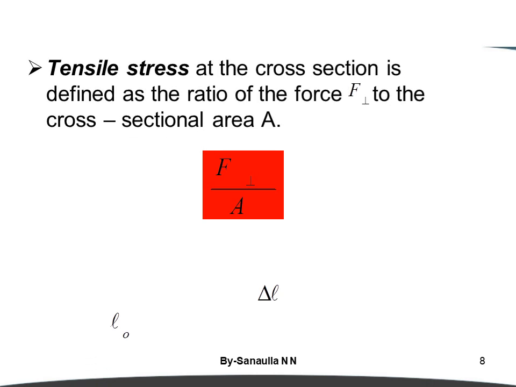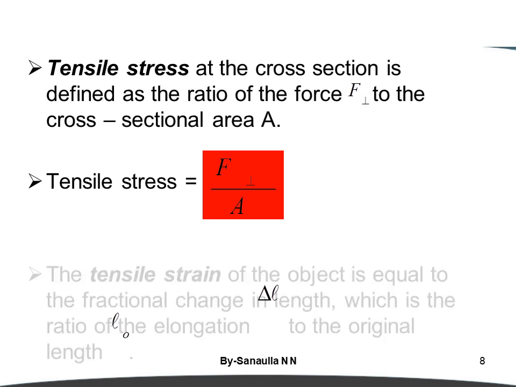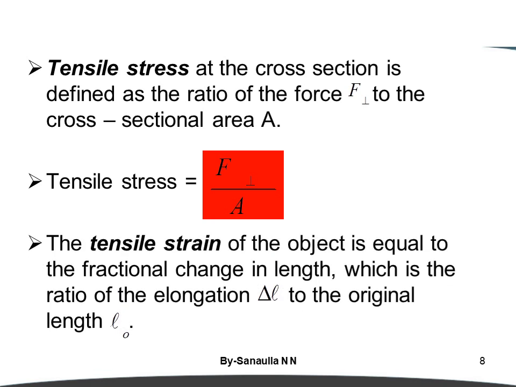Tensile stress at the cross section is defined as the ratio of the force perpendicular to the cross section to the area A. Tensile stress is equal to force perpendicular divided by A. The tensile strain of the object is equal to the fractional change in length, which is the ratio of the elongation, that is delta L, to the original length, that is L naught.